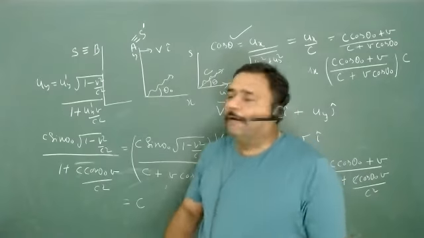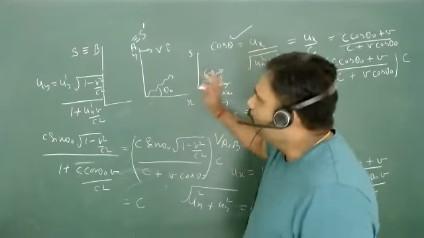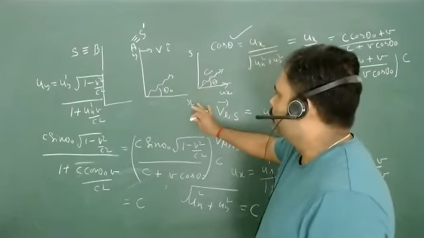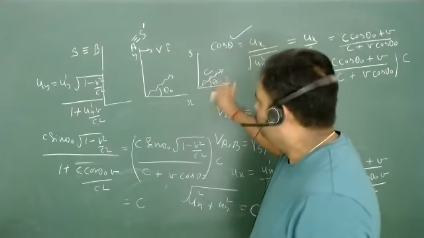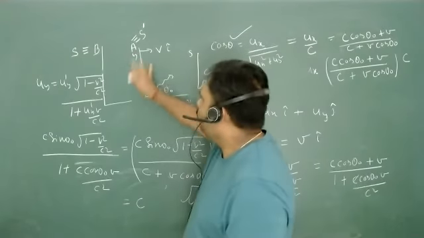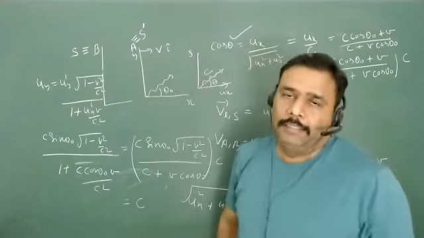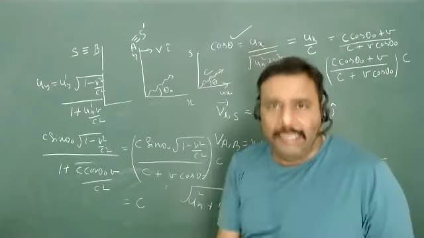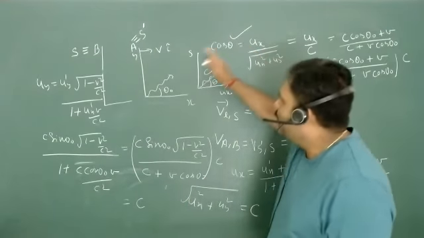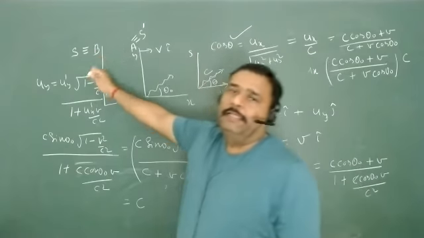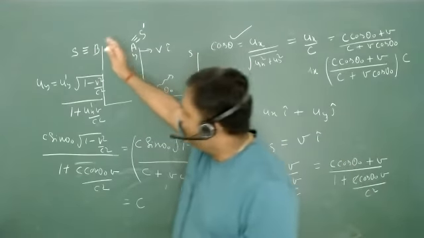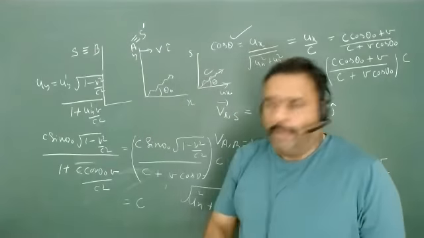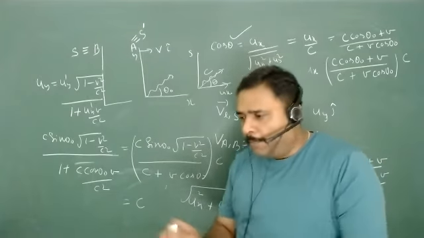Okay, but right now, what is the conclusion? The conclusion is very nice. The X component can be changed, the Y component can be changed, but the magnitude will remain the same, either from the S frame or from the S dash frame. The magnitude will remain the same. The component can be changed.